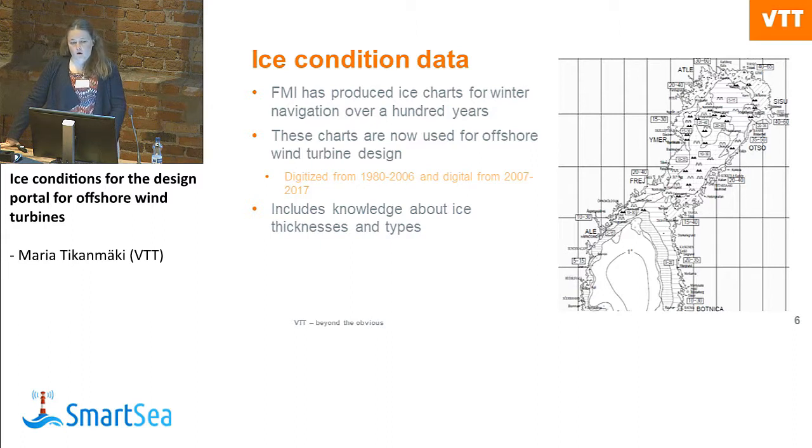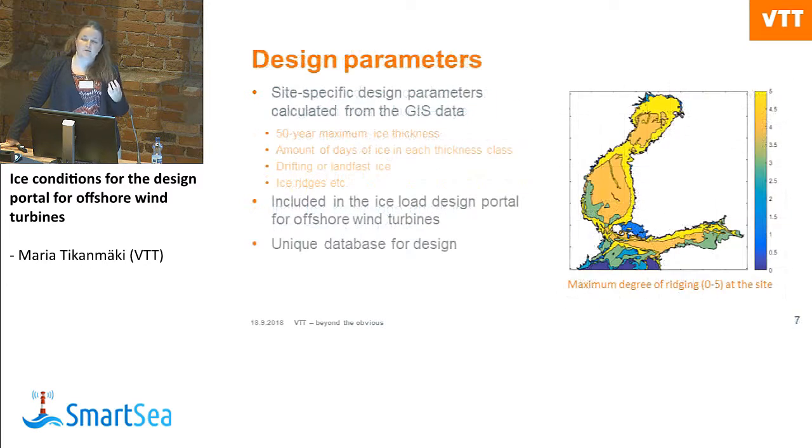So when you're actually doing a design, you have to know some specific parameters of ice. Especially the 50-year maximum ice thickness, which means the thickness of ice occurring once in 50 years. That's the starting point.